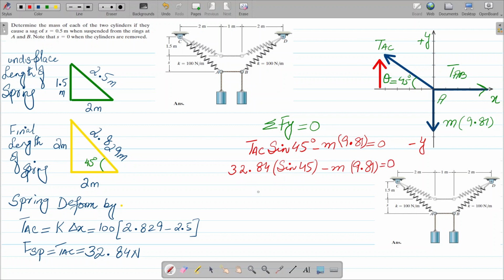From here we can calculate the mass of the cylinder at A, because there is B also, which is simply 2.37 kg. Similarly, the mass of the cylinder at B will also be 2.37 kg, and tension BD will also be 32.84 Newton.